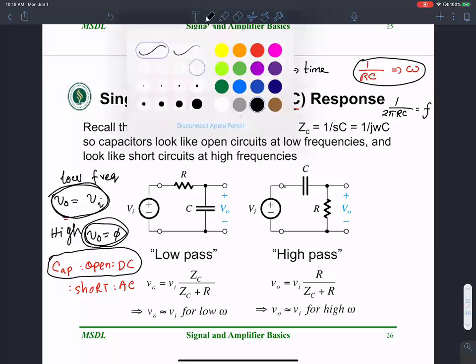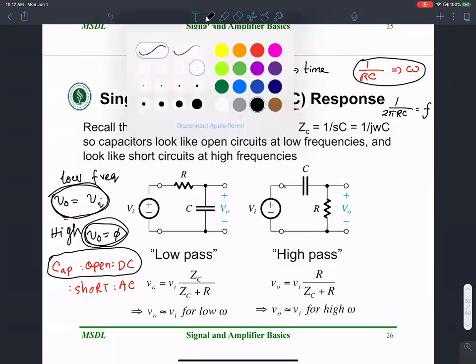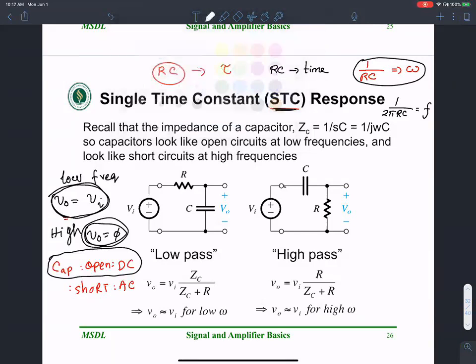Similarly, for the low pass circuit, at really high frequencies, this is going to act as a short, and there is no voltage drop across that capacitance. At really low frequencies, I'm talking about DC, this capacitance acts as an open circuit, and all the voltage that is applied here, VI, shows up at output V0.